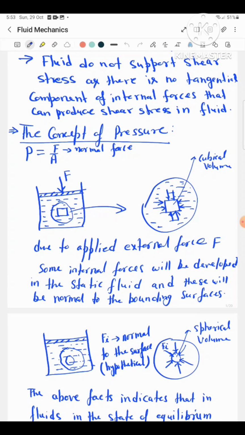First of all, we consider a hypothetical surface, suppose cubical blocks, as we have shown here. On the cubical blocks, there are internal forces acting on the surface edges that are all perpendicular.